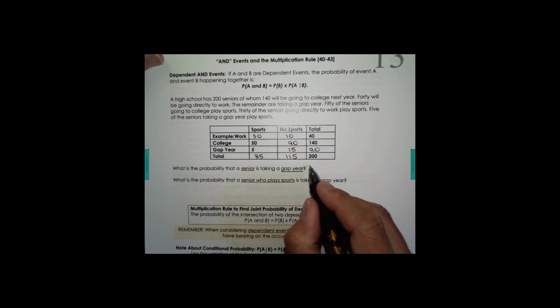Well, there are 200 in total, and there are 20 out of the 200. So I'm going to write it like this: probability of gap year is equal to 20 out of 200, and that's going to be 0.1. So that answers my question about that probability, which is a marginal probability.